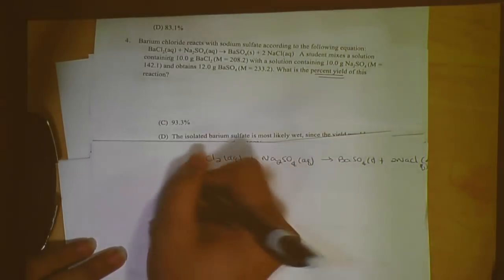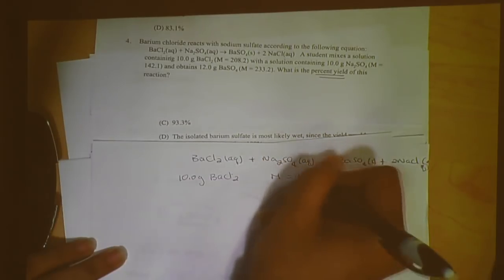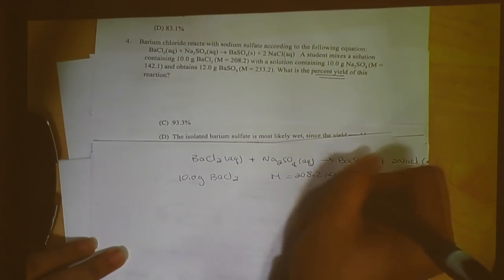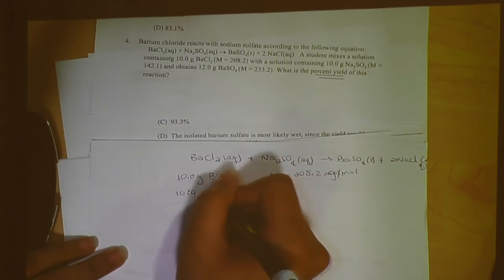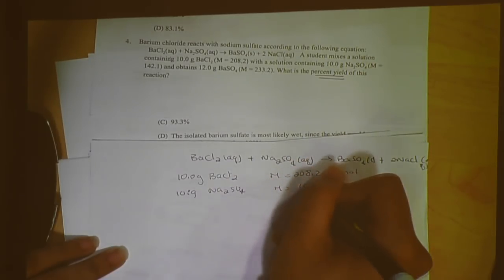And it's telling you that you're given 10 grams BaCl2, and the molar mass is 208.2 grams per mole. You are also given 10 grams Na2SO4, and the molar mass is 142.1.